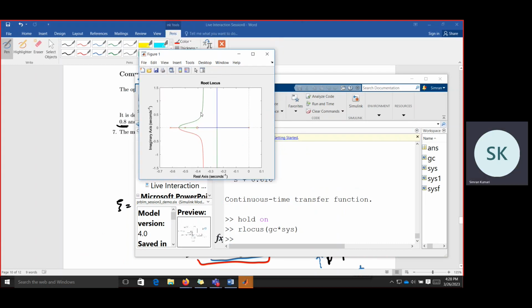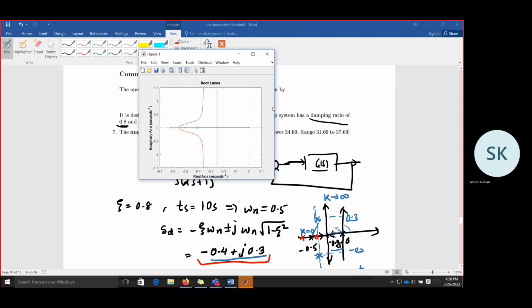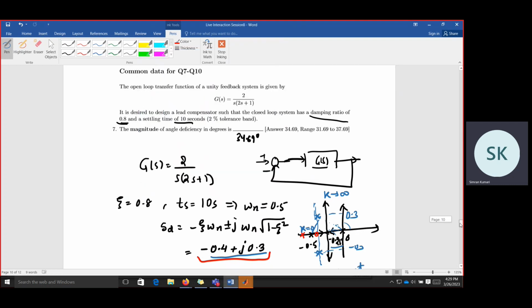See, this is the improved root locus, this green and red. And for this system, we say that at some value of k, this root, that is minus 0.4 plus j0.3, is passing through the root locus. So this is our improved locus. This was the earlier root locus. Okay, so the value of k, what we got?